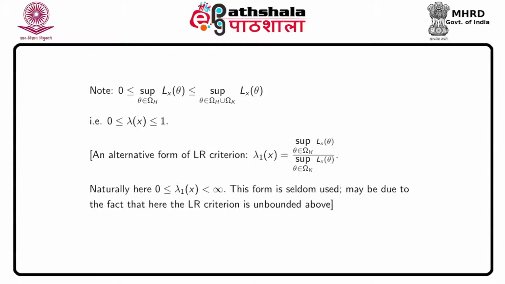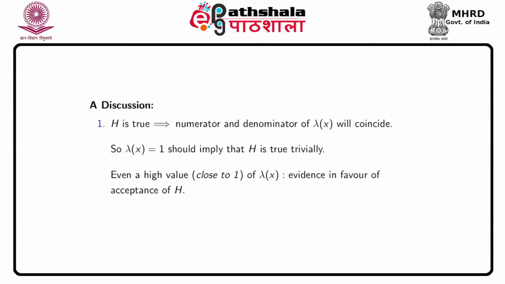That is, lambda_1(x) will not have any non-trivial upper bound. This form is seldom used, and the reason may be that here the likelihood ratio criterion is unbounded above. Consider the following discussion.